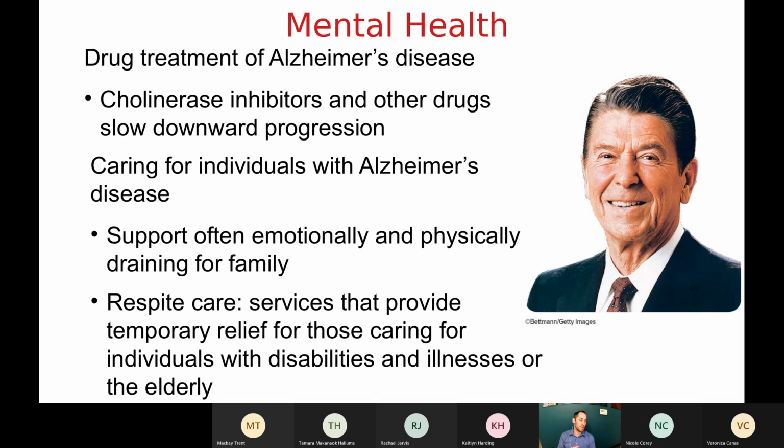So respite care can be really helpful. Again, as much as possible, letting people with either Alzheimer's or dementia have whatever kind of independence they can have is going to help. Again, catching it early and doing work to prevent it, health behaviors, diet, cognitive training are some of the best preventative things.